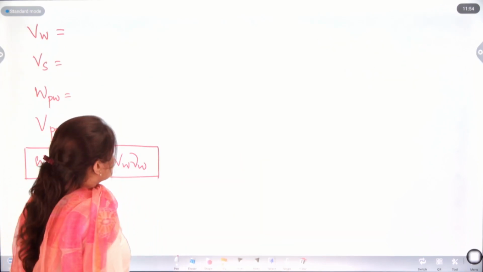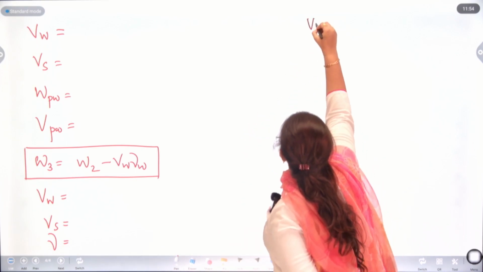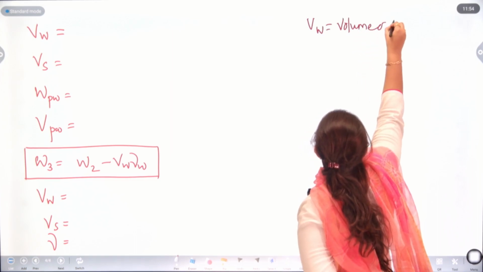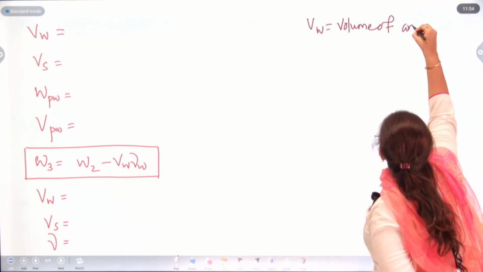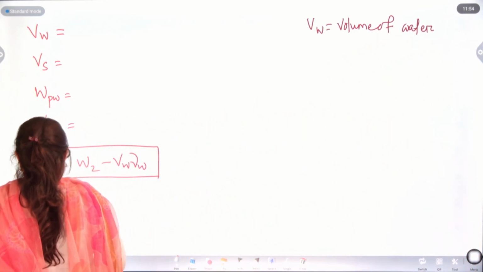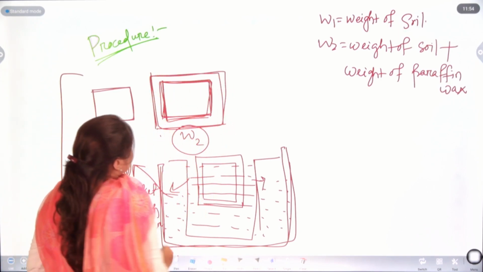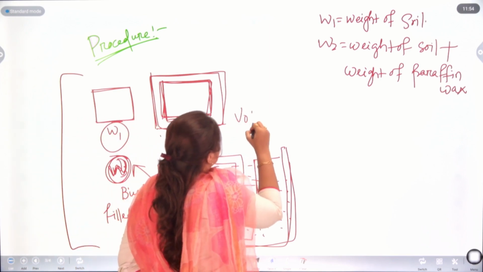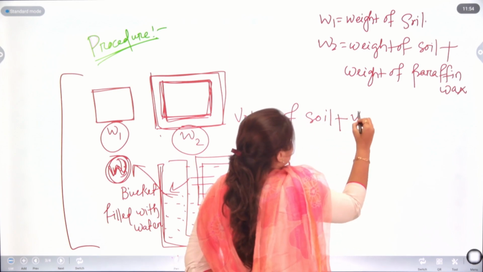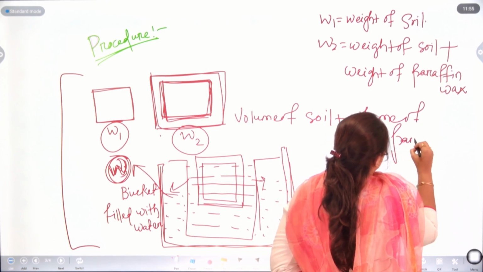Now, we will understand these terms. What is VW? VW is our volume of water. Here you can see W2 has a volume. This volume is the volume of soil with the volume of paraffin wax.